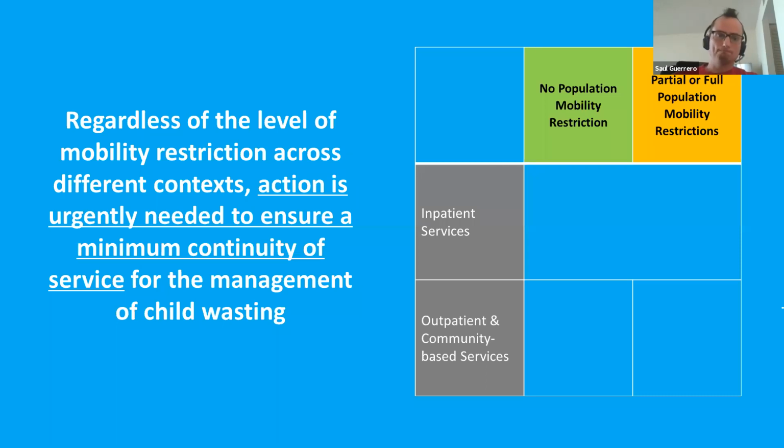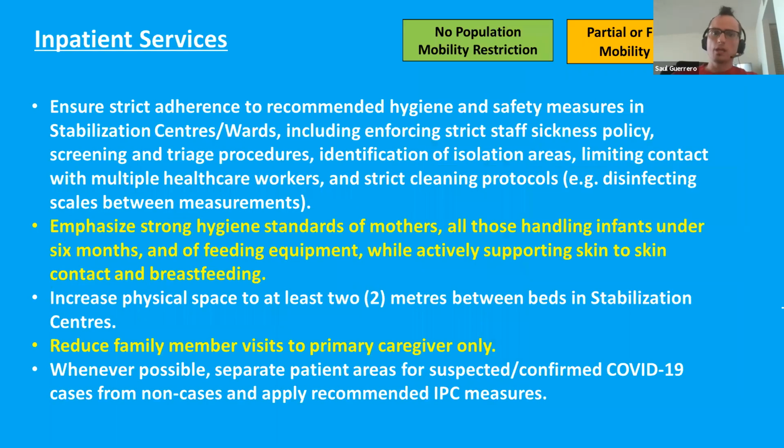Next. On the inpatient services, I am not going to go one by one through this because I think all of you are in a position to just read through it. As I said, that's what the brief is for, but I'll give you a general sense of the points we're trying to convey and the critical issues we were trying to highlight. First is that there are already recommended hygiene and safety measures, and those need to be enforced.